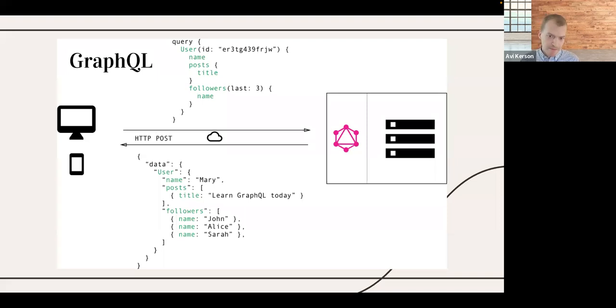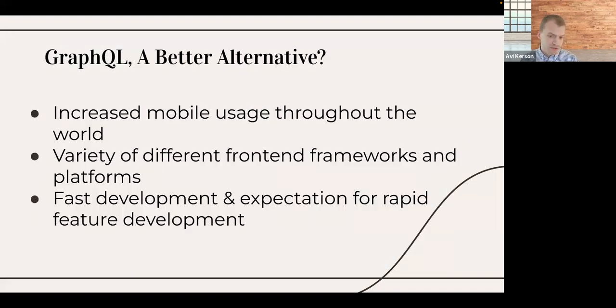And yeah, so let's go into a little bit more here. Let's talk about some additional reasons why GraphQL might be a more efficient alternative to REST. There has been an increased mobile usage around the world, which has created the need for efficient data loading. Increased mobile usage, low power devices, and sloppy networks were the initial reasons why Facebook developed GraphQL.